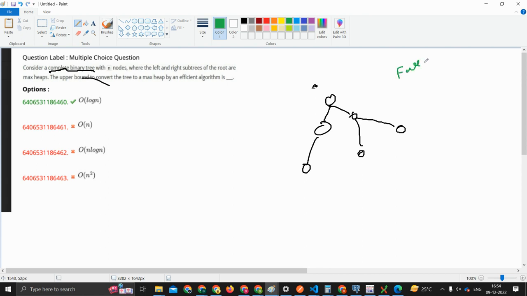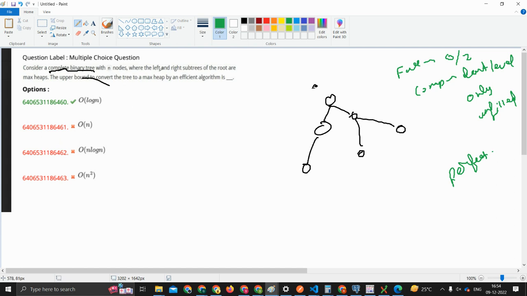Complete means exception only for the last level; apart from that, it's full. And we have the perfect one lastly. Perfect is perfect. That's fine. Now let's read the question.